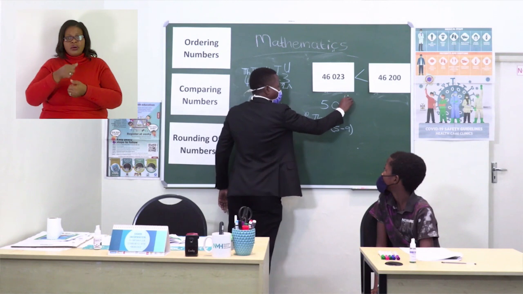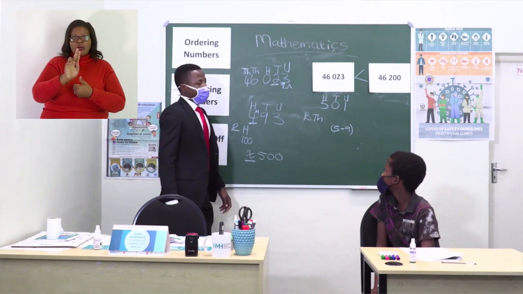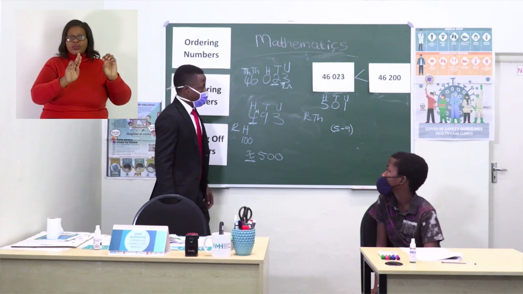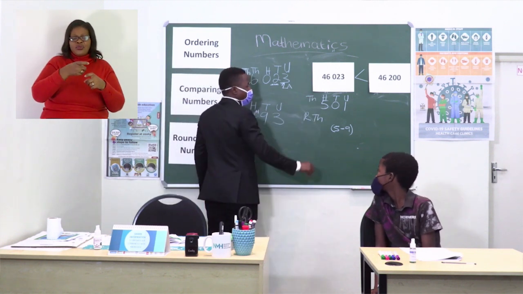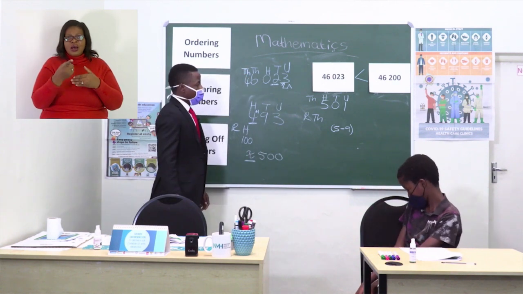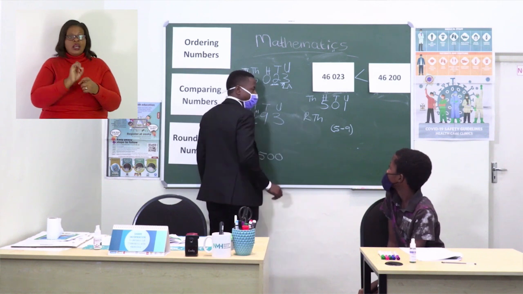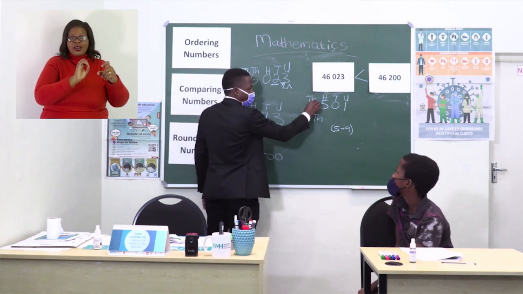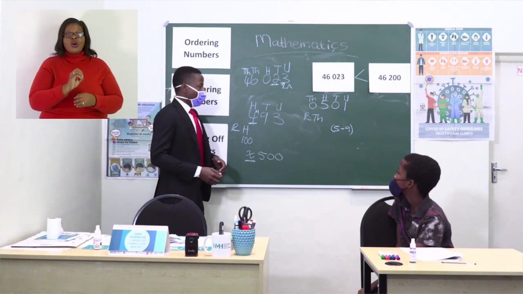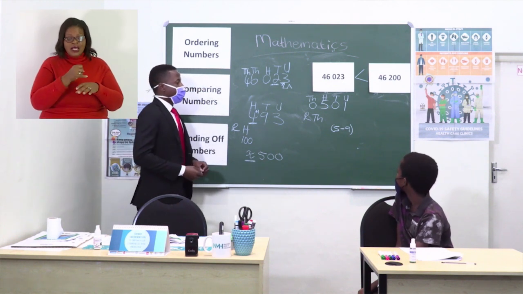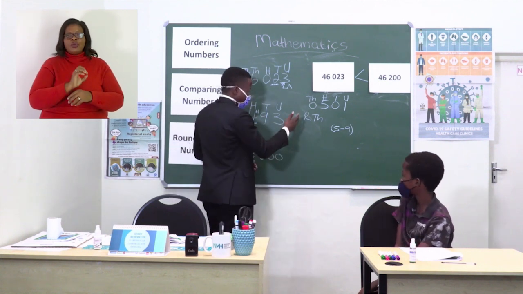Remember, we have a unit, we have a 10, we have 100. But we are asked to round off to the nearest 1,000. There is no number there. When there is no number, we know that there is also a 0 there. So 0 is nothing, 0 is a placeholder, so there is 0 there. Let's imagine there is 0.